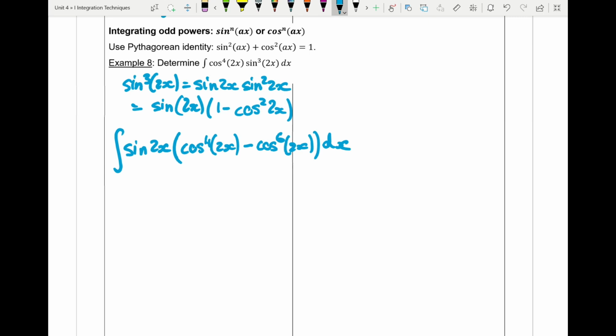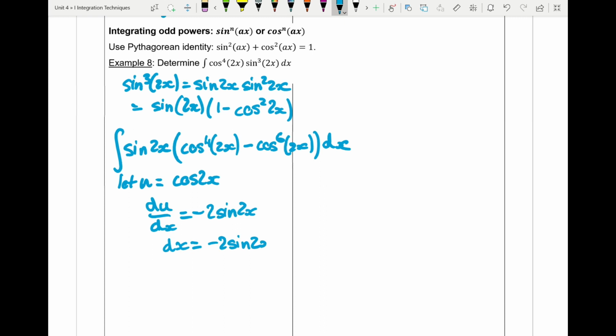So we let u equal cosine of 2x, because we know that then our du dx is going to be negative 2 sine of 2x, which means when we do our variable transformation for dx, we're going to get some cancellation of our sine of 2x term.